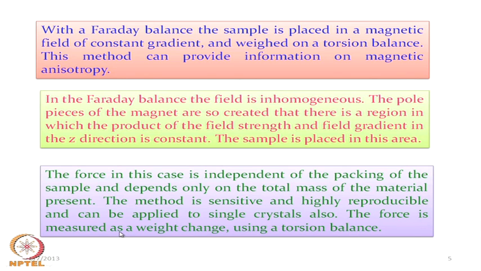The force here again is measured as a weight change using a torsion balance. So, the balance is again a torsion balance, but the only difference from the torsion balance for the measurement of susceptibility is that the magnet is inhomogeneous, and it is focused for measuring the corresponding magnetic anisotropy.